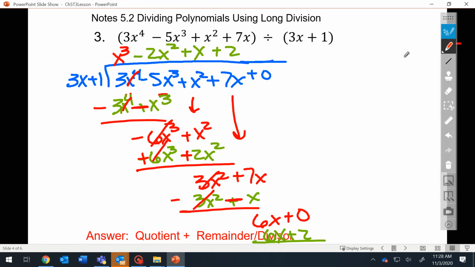And then I'm subtracting, so this is minus and this is minus. Those cancel. 0 minus 2 is negative 2, so my remainder is negative 2.